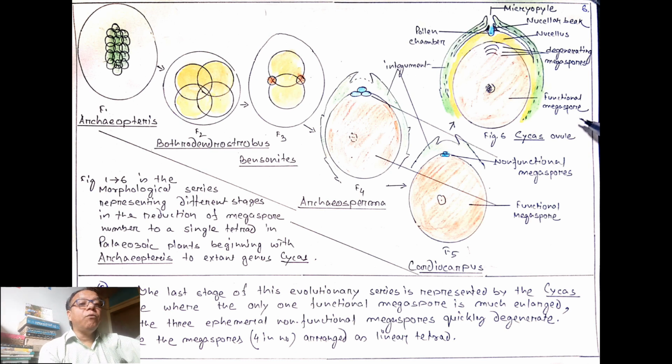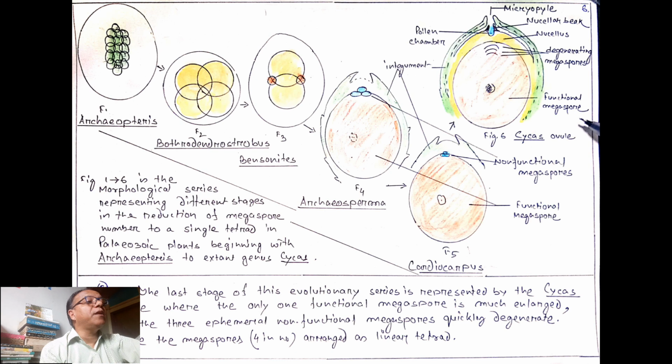And what about the other 3? The other 3 ephemeral non-functional megaspores quickly degenerate. And here the megaspores, before their degeneration, were arranged in a line, that is, as a linear tetrad.